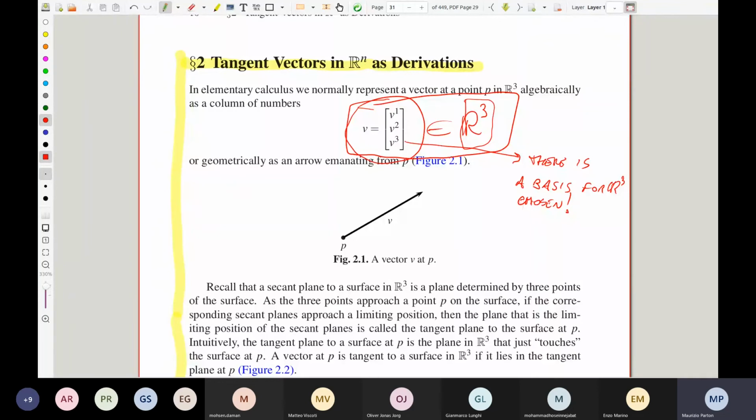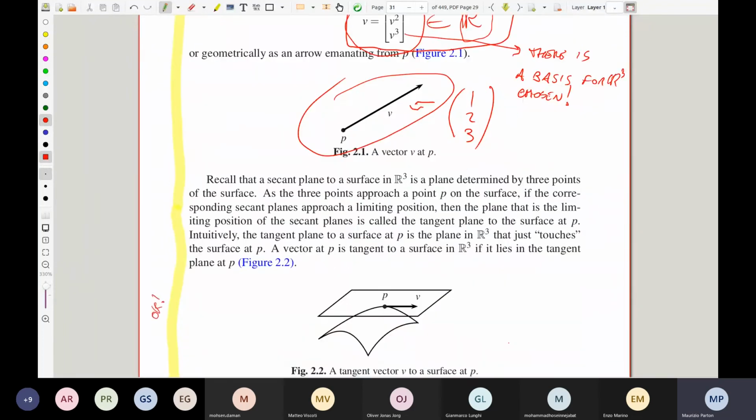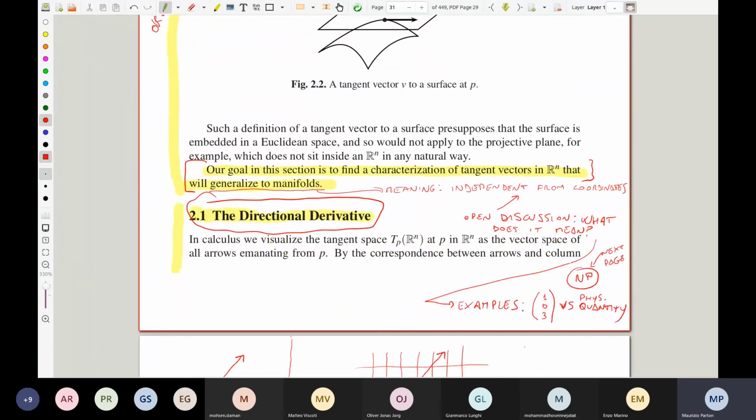But if this vector is appearing as a quantity by itself, maybe because it's a force field, an energy, an electromagnetic field or something like this, this vector is defined not because it is 1, 2, 3 by its coordinates. It's defined in another way. And it's defined also when you change the basis.